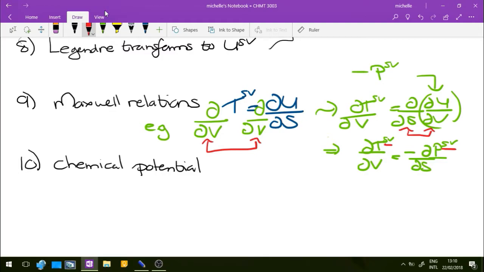You could find that you do have a change in temperature with respect to volume, keeping entropy constant. Then in your thermodynamic equations you have identities to substitute in to find unknowns.